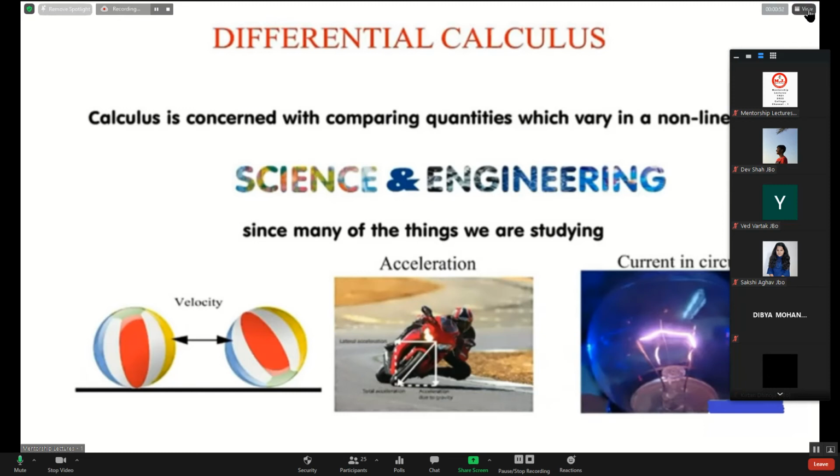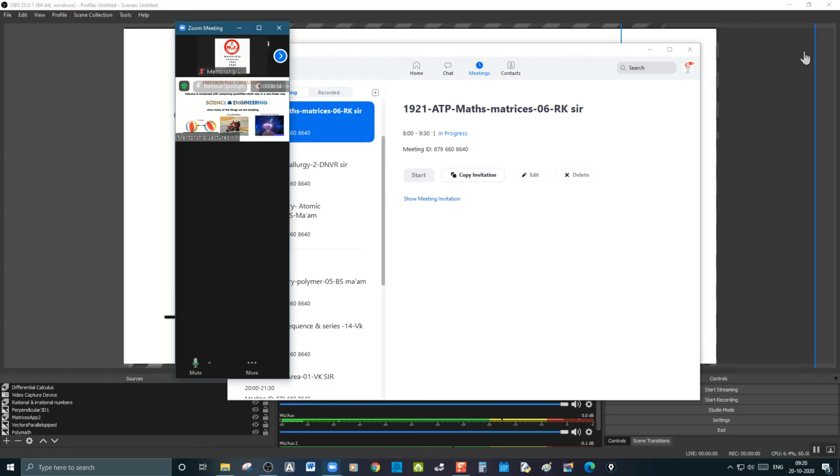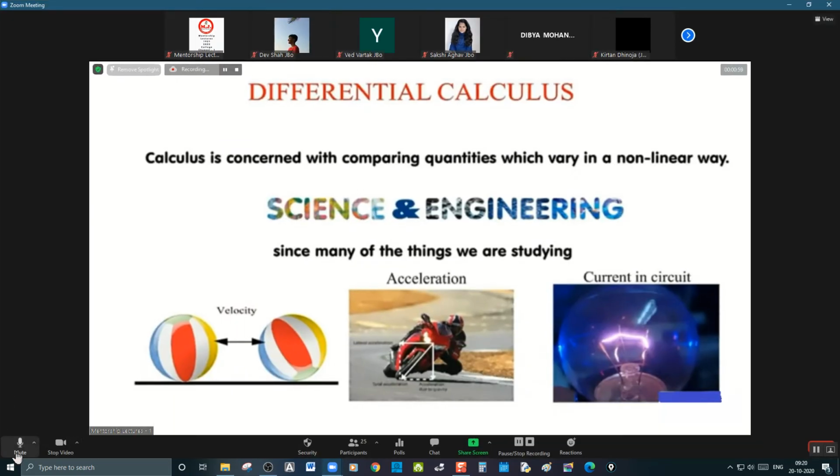Now, what I was discussing about is the applications of calculus. Calculus is used mainly in science and engineering. As you know, in physics, you might have applied velocity, acceleration, and current in circuits, and all these use differential calculus.